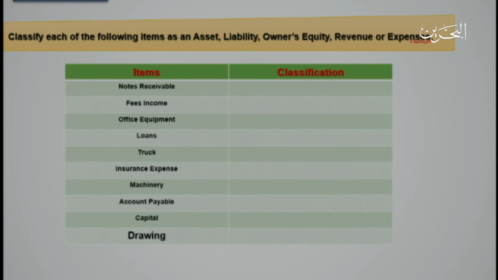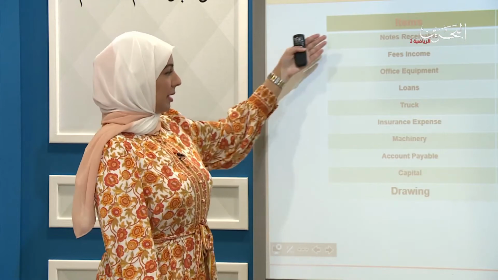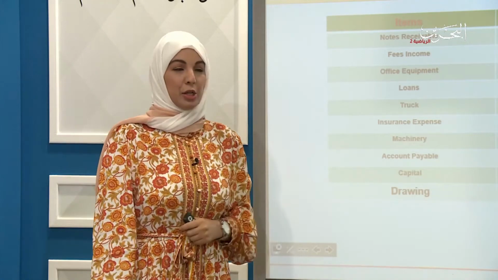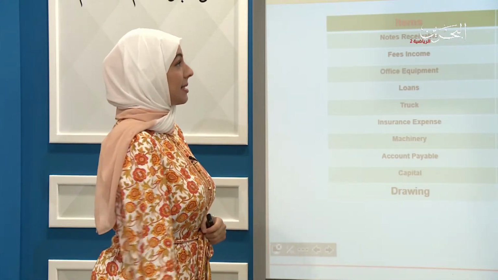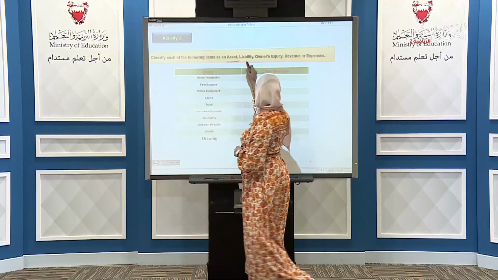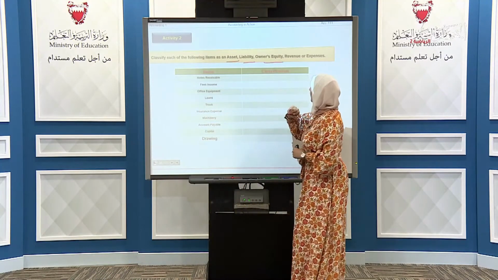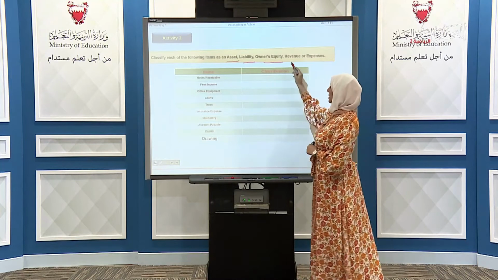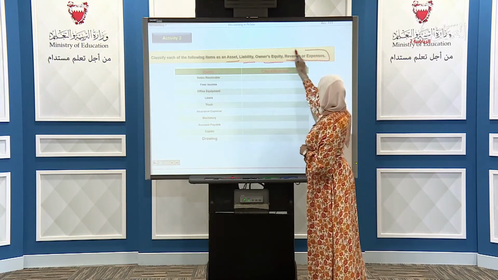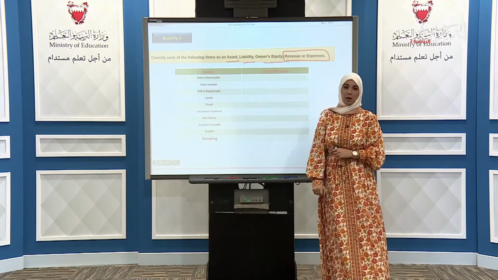Let us take an activity to have more experience with the accounts I will use in the accounting equation. I have here, dear student, many accounts, and I should classify them as assets, liability, and owner equity. And when I mention owner equity, I should specify if it is revenue or expense.